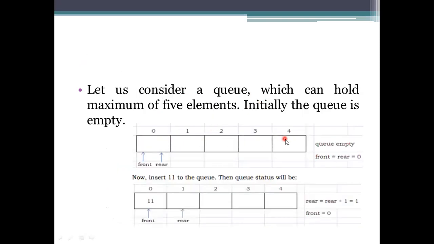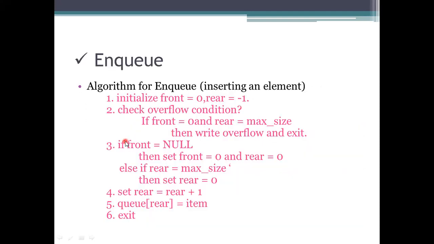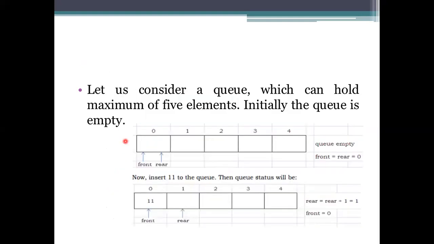In this representation, we take front equals 0 and rear equals -1. When it has been initialized, that front and rear are set, and we mention that the queue is an empty one.